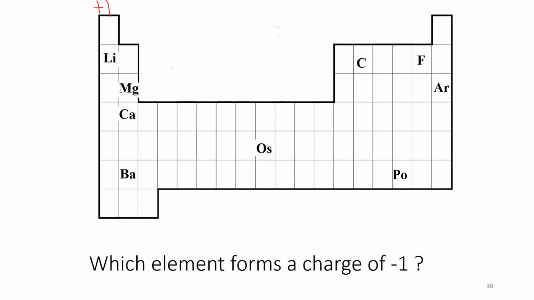So group 1 is +1, group 2 is +2, group 13 is +3, group 14 is plus or -4, group 15 is -3, 16 is -2, 17 is -1, and 18 has no charge because they don't form a bond. So the element that forms a -1 charge has to be fluorine, the halogen.